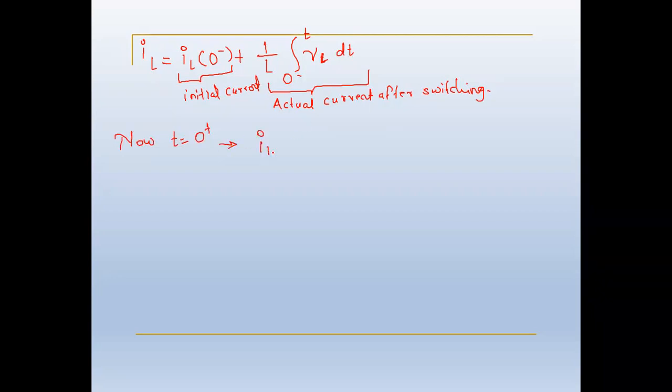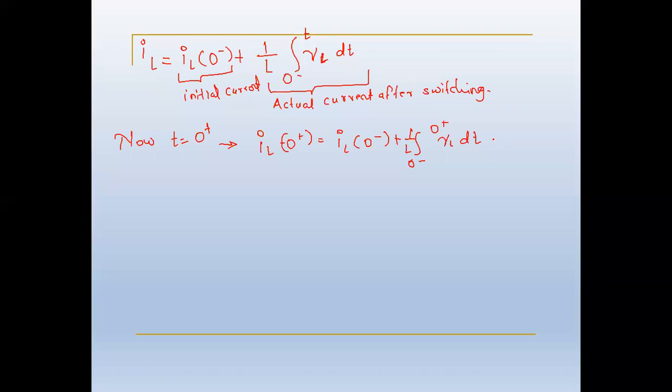It will be IL of 0 plus, which is equal to IL of 0 minus plus integration of 1 upon L from 0 minus to 0 plus VL dt. Okay.